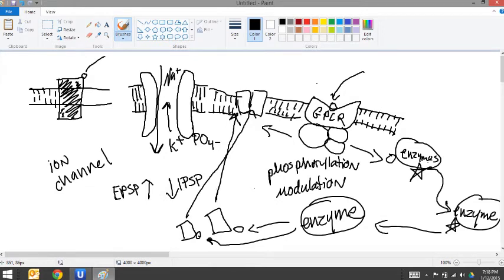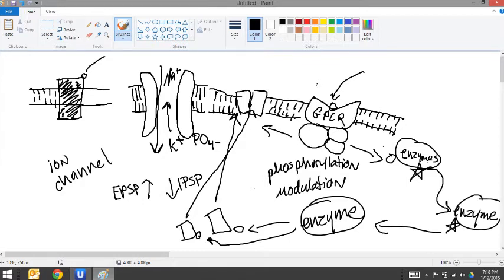You do not have to memorize any of the second messenger cascades that go on inside the cell, but just to get back to the mitochondrion question, a lot of these reactions with these enzymes require ATP or protein kinase or just different things like that.